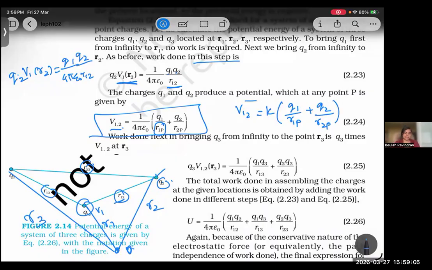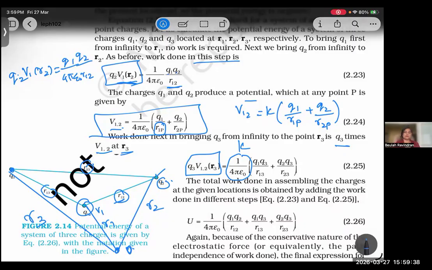So work done next in bringing Q3 from infinity to R3. Q3 is brought from infinity to R3 position. So Q3 times V12 you have to take. Here it is Q2 times V1 of R2. Here Q3 times V12 at R3.